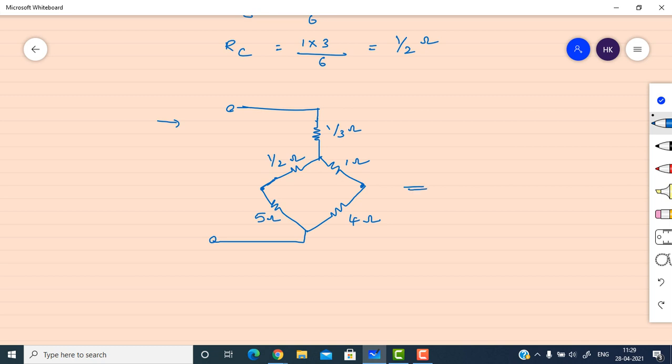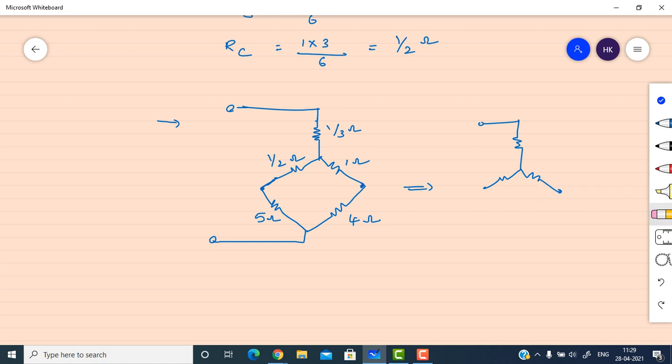Okay. Read the total problem. Now in this, if you observe these two resistors, 1 by 2 and 5 ohm, those two are in series.